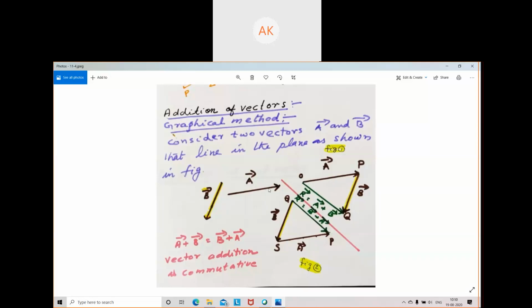Even though I have drawn it here, it is making 0 degree, that means a parallel line. You can draw a line parallel to it, but don't draw a 5 centimeter line downwards or upwards. You have to draw vector A with the same magnitude and same direction. That is very important.